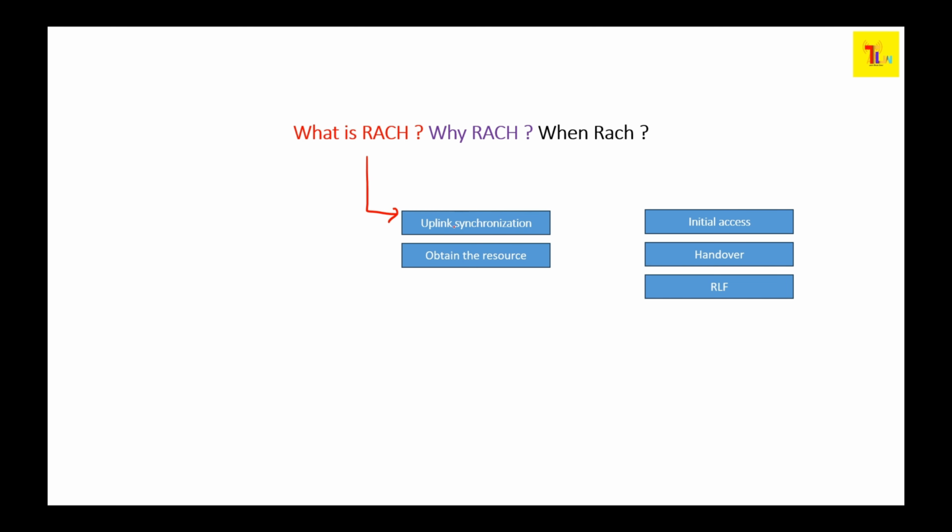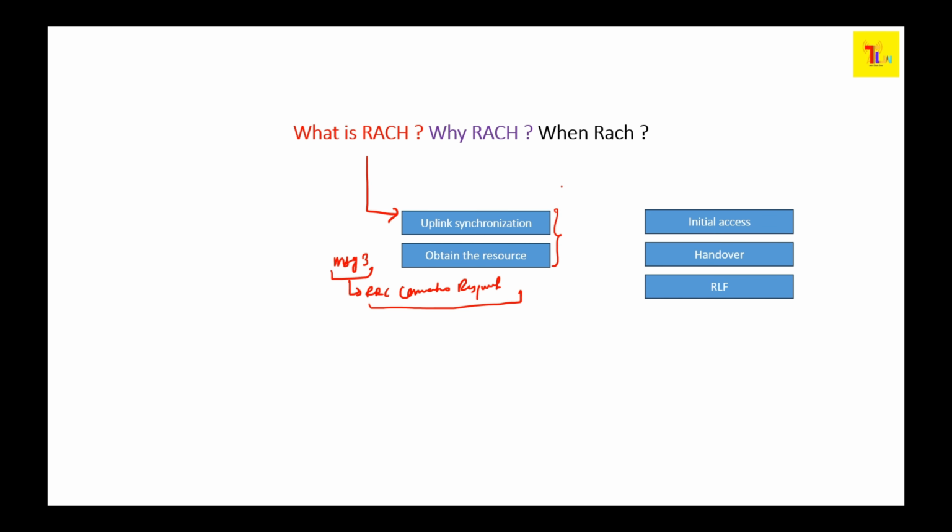And the second is that you need to obtain the resources that you are going to use to send the RRC connection request, so basically for message 3, that is the RRC connection request. For this purpose, to obtain the resources, we are going to have the RACH procedure. So these are the two most important reasons why we are going to have RACH.